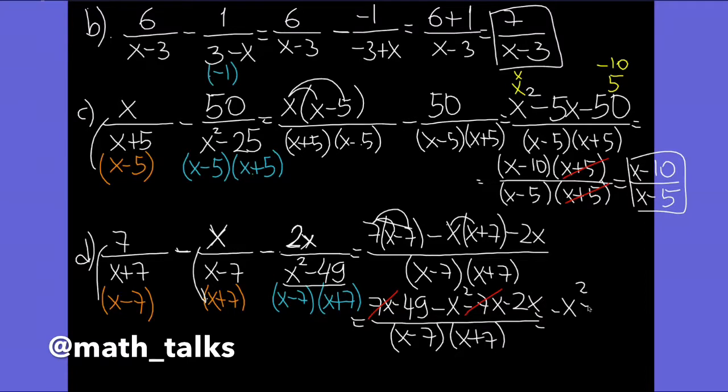And I have here negative 2x, negative 49 over. Because I cannot factorize my numerator, no need to write your denominator in factorized form, which is (x minus 7)(x plus 7). So you will just write it x squared minus 49.